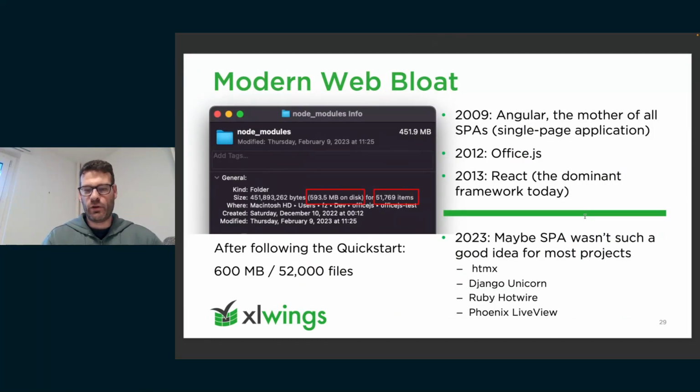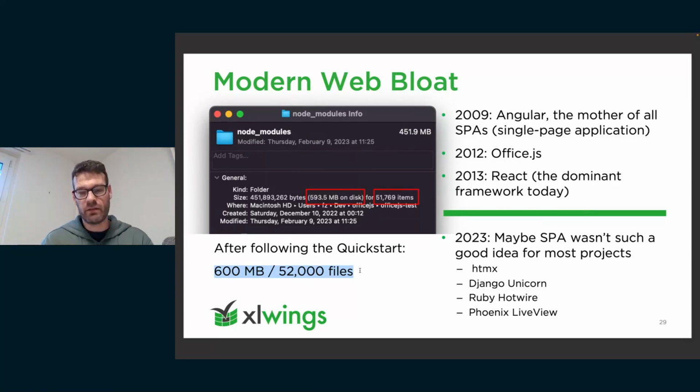Also, after you've run through the quick start on the official beginner's guide, what you end up with is a node_modules folder with 52,000 files and 600 megabytes of hard disk occupied for a single Hello World project. So basically, to build a single little HTML file, that is what the build tools look like in today's modern HTML world.